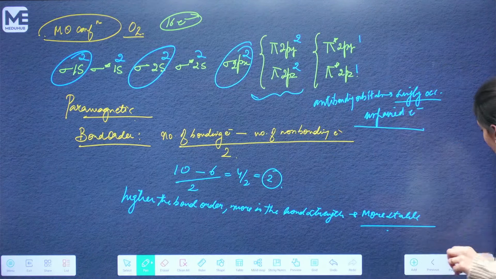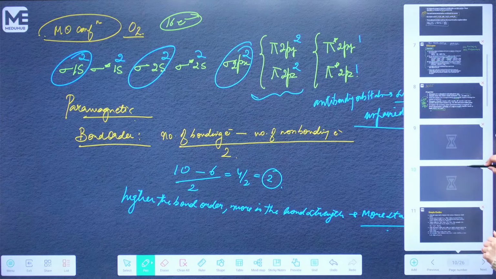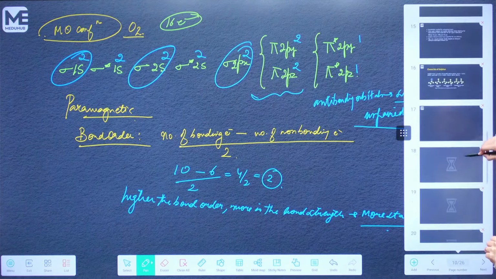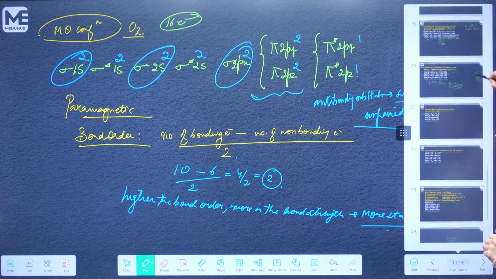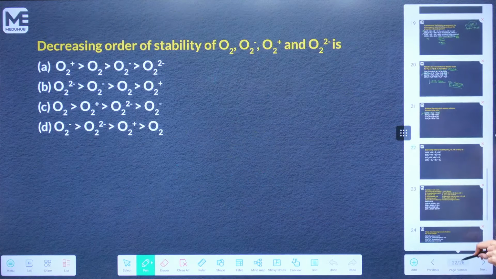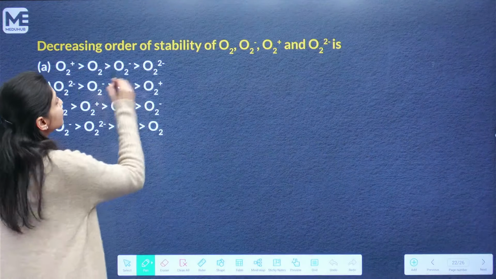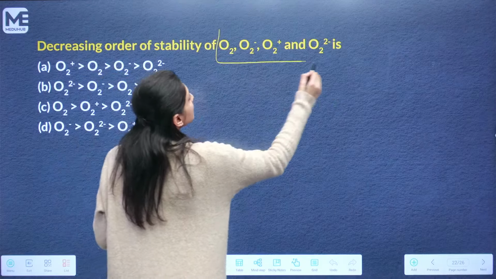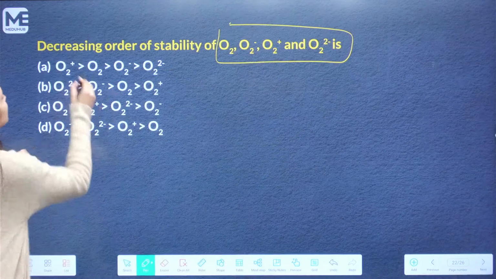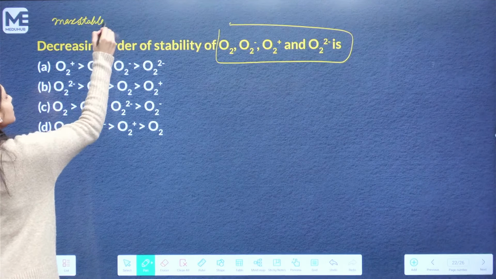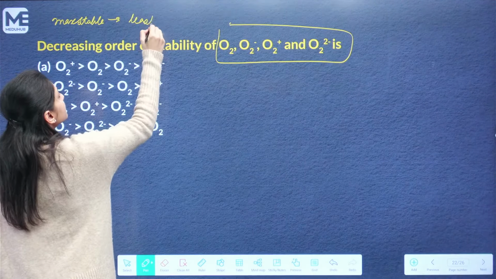Now, coming to a question that occurred in the previous year's papers. You have to tell the decreasing order of stability of these species. Decreasing order would mean most stable to least stable.